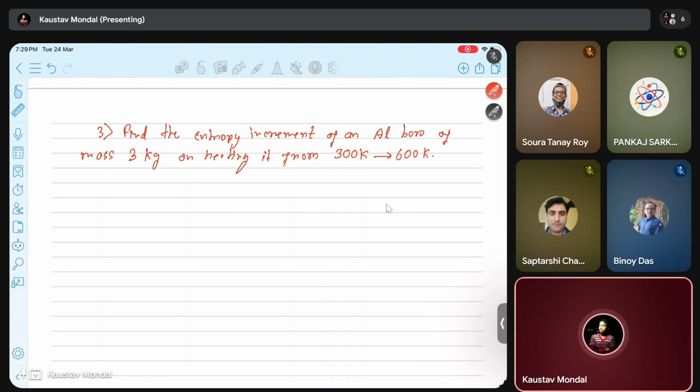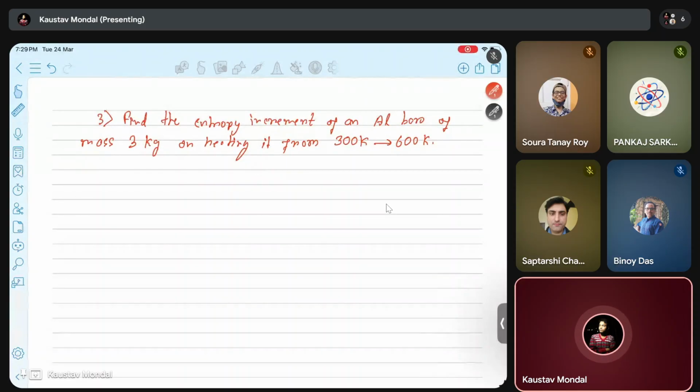If in this temperature interval the specific heat of the aluminum is not fixed. During this process, the heat capacity of aluminum varies.